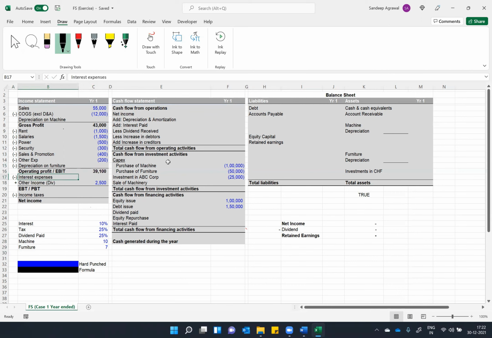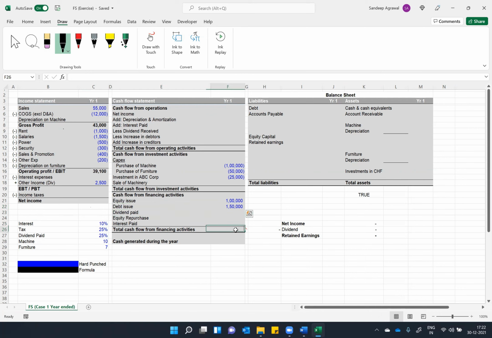So the next thing that I need is interest expense. So what is an interest expense? It is, we have to pay 10% of interest on the outstanding debt. And where is the debt? If you remember, we just issued this much debt in this year.